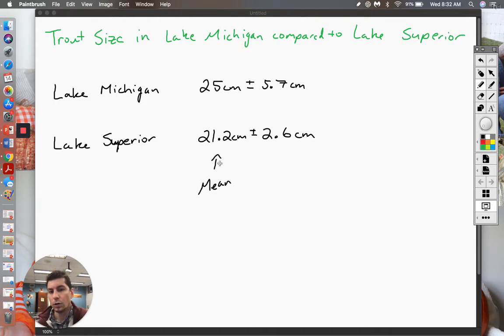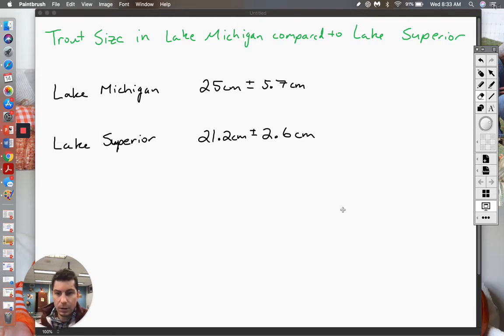So we took all of our numbers, added them up, and divided by however many trout we looked at, okay? That's an average. This over here is going to be our standard error. And the standard error is going to be your standard deviation divided by the square root of the number of trout we have, okay? So it's real close to standard deviation.